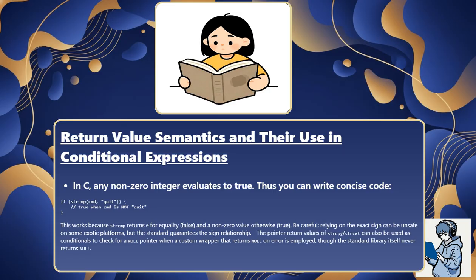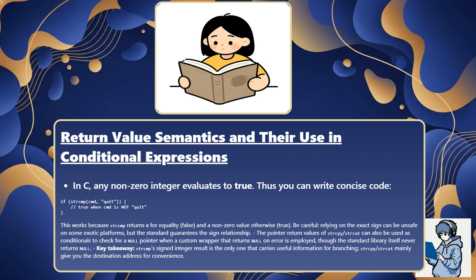The pointer return values of strcpy and strcat can also be used as conditionals to check for a null pointer when a custom wrapper that returns null on error is employed, though the standard library itself never returns null.